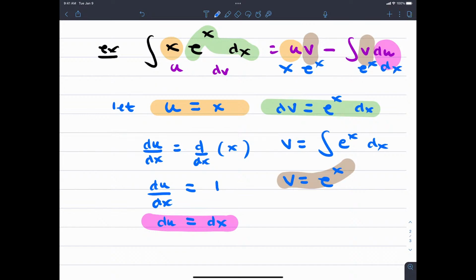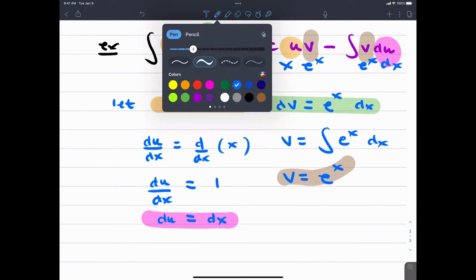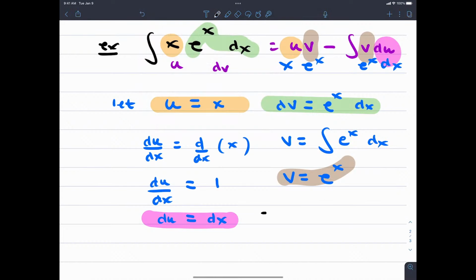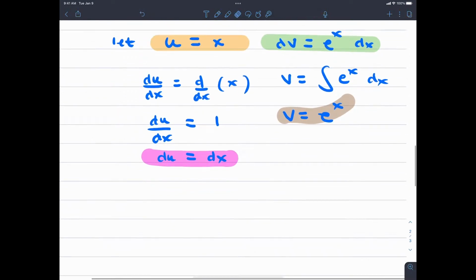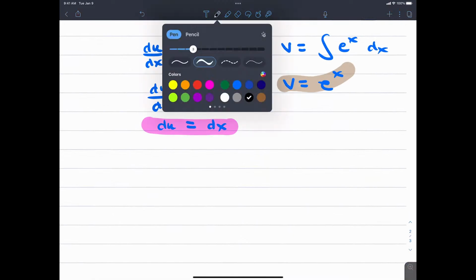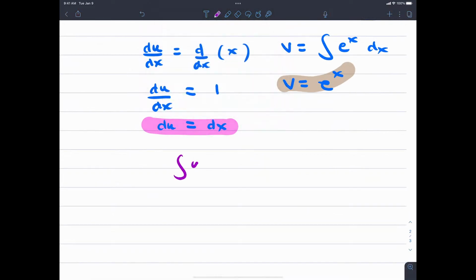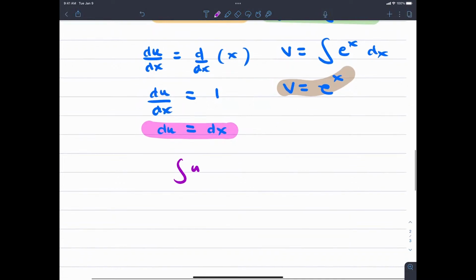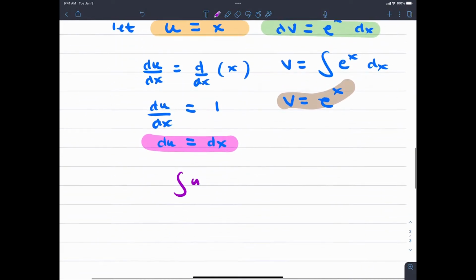So you're using the integration by parts formula. So this integral becomes, this is equal to what? Remember the song? Integral u dv is uv minus integral v du.